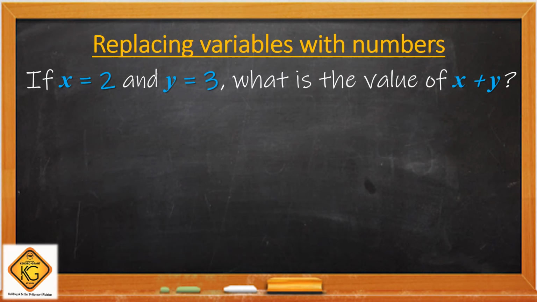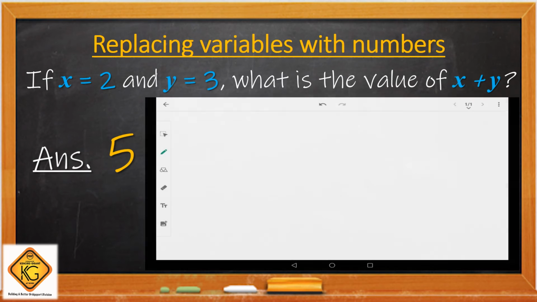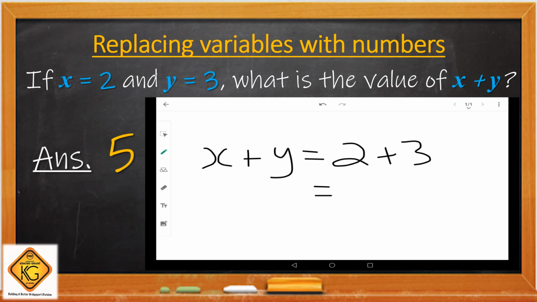You probably figured out that the answer is 5. So let's talk about how we got that answer. We simply thought to ourselves, since x is 2 and y is 3, x plus y is the same as 2 plus 3, which is equal to 5.